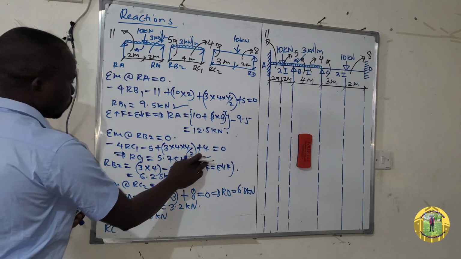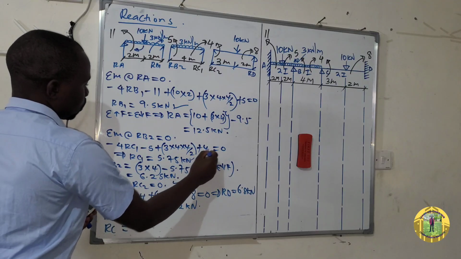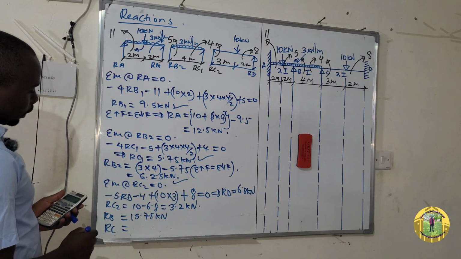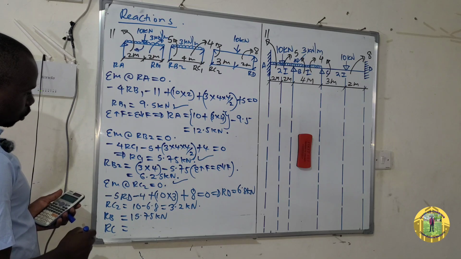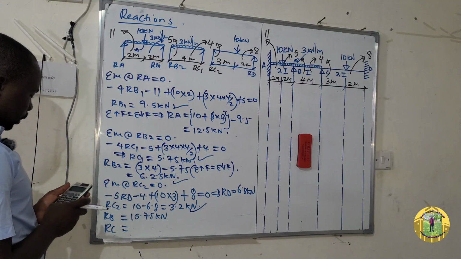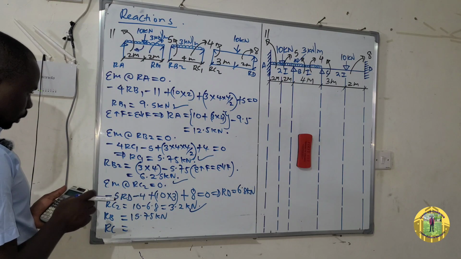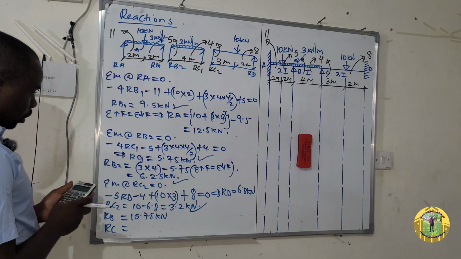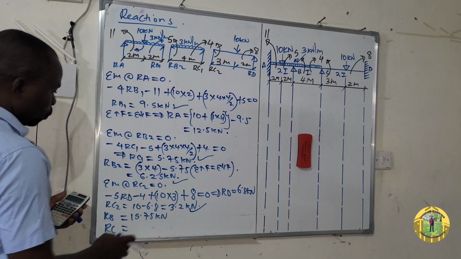Here it is, plus RC2. RC2 is here, plus 3.2.